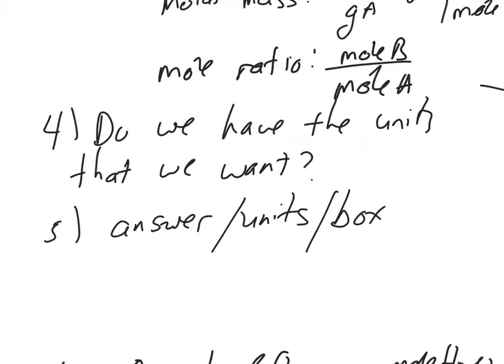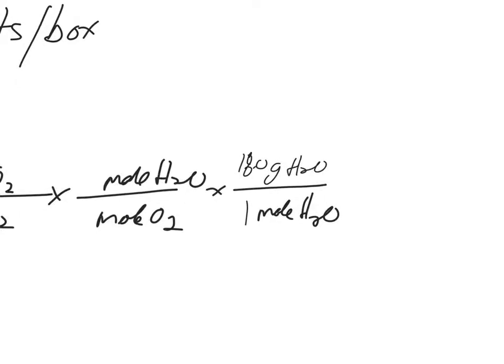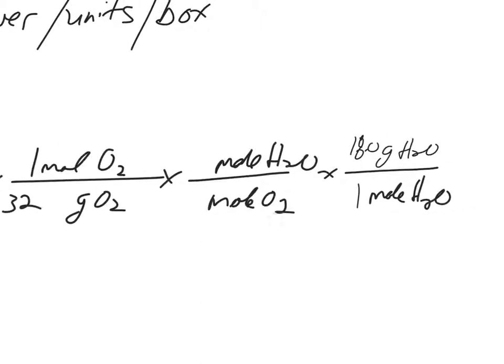That's what I mean by number 4. Do we have the units that we want? Yes, we do. Grams of H2O. We need not continue. However, when we only had moles of H2O or moles of O2, we had to continue. And you'll see in other problems that are shorter, you may be able to skip some of these steps.